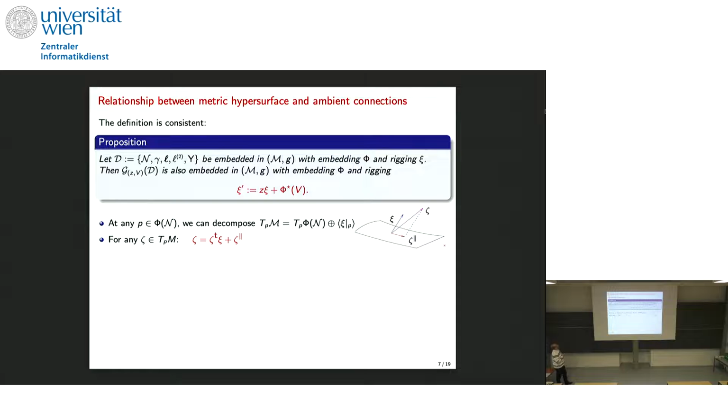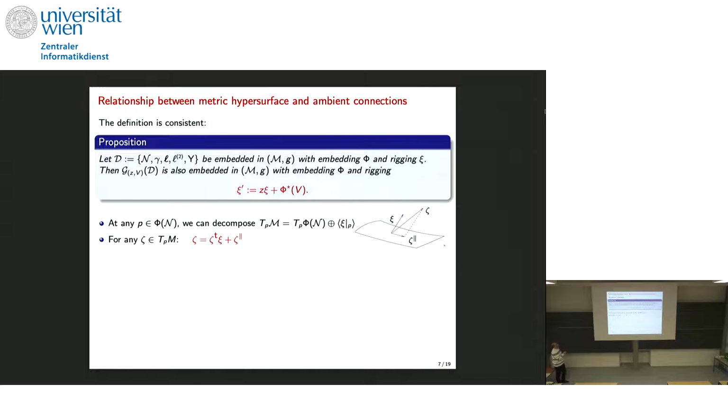If I have one metric hypersurface data in an ambient space with some embedding and rigging psi, then if you gauge transform the data in the way I've defined before, this data is embedded in the same space with the same embedding, but with a different rigging, which is just this object here. So this is moving the rigging to every possible transverse vector field to the hypersurface.